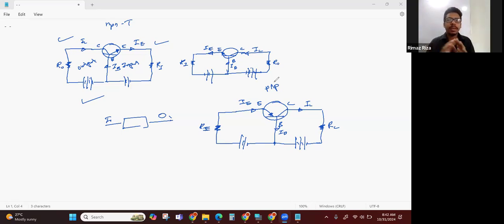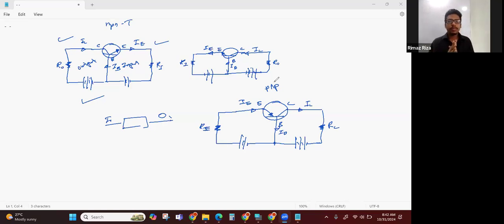So if you study the basic things, you can draw this. BE junction should be forward bias, BC junction should be reverse bias, and there should be a resistor in the input circuit and a resistor in the output circuit. And for the current, we know always IE equals IB plus IC, right?